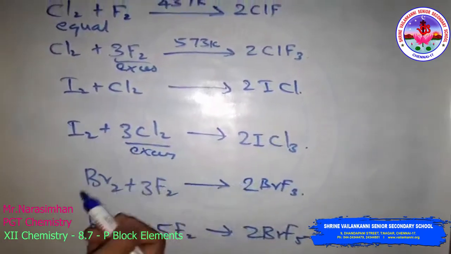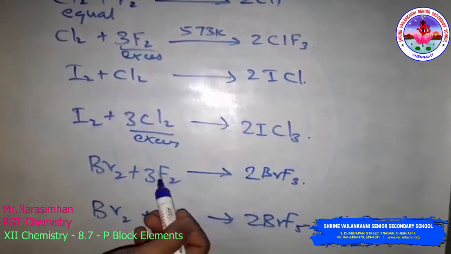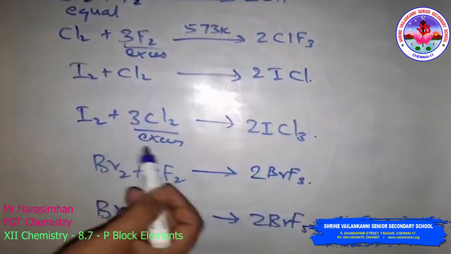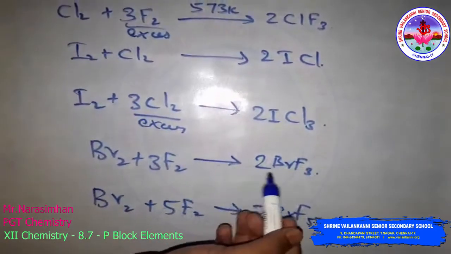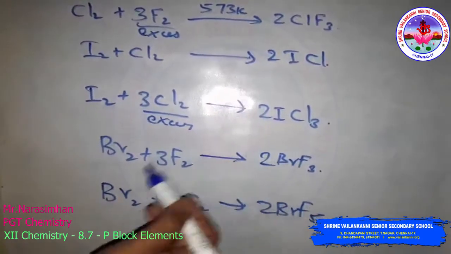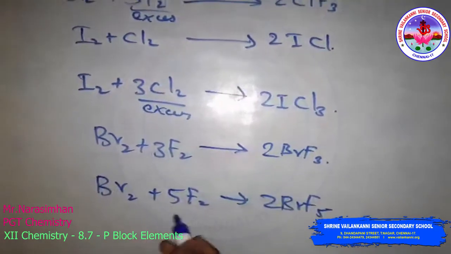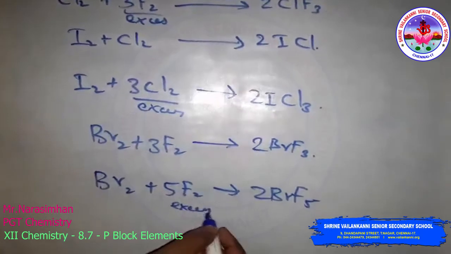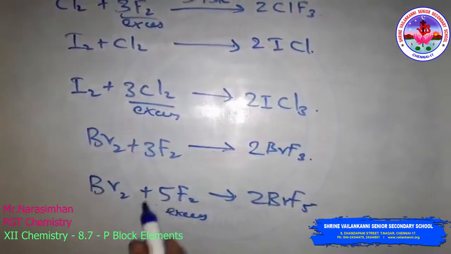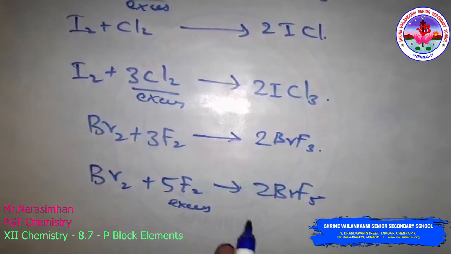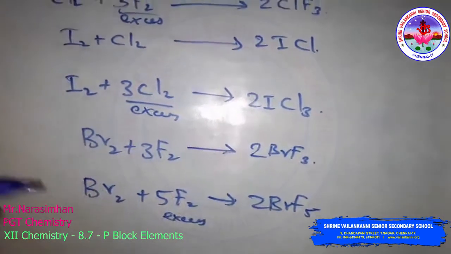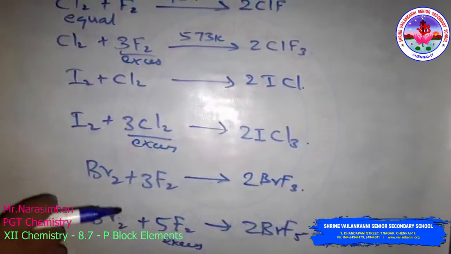Then bromine reacts with fluorine, diluted with water, to form 2 moles of bromine trifluoride, and with excess fluorine it forms BrF5. So this is the preparation method.